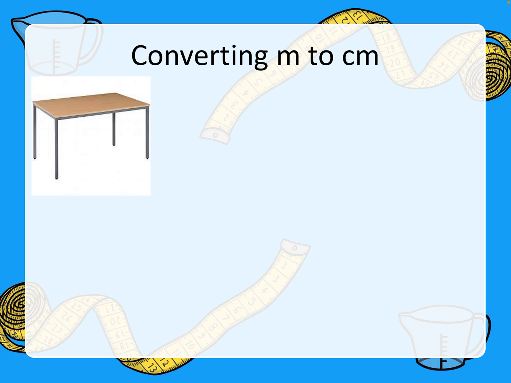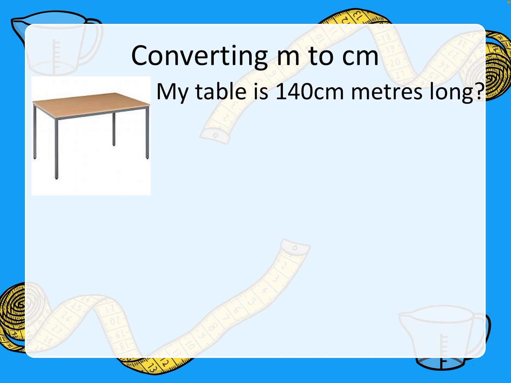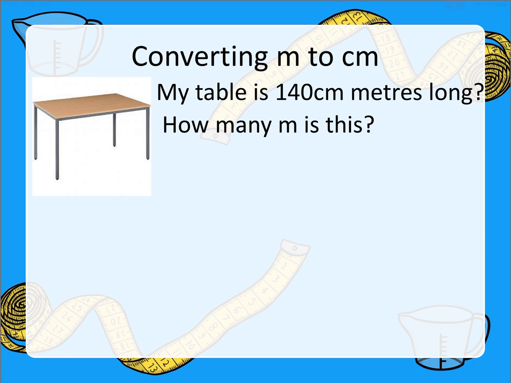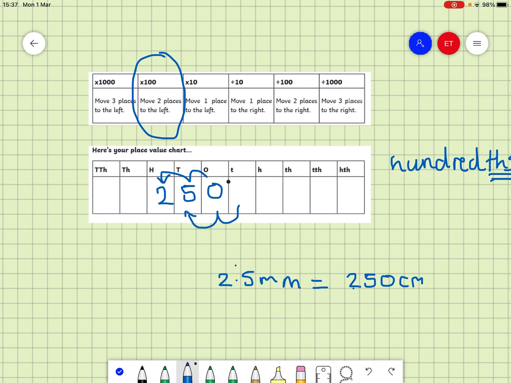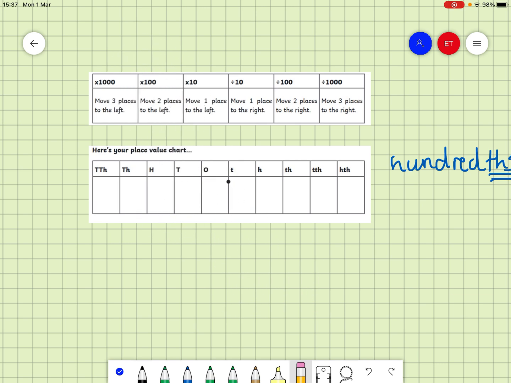If we're converting the other way around, from centimeters to meters, remember we divide by 100. So if my table is 140 centimeters long, how many meters is this? This time we are dividing by 100. So remember, we divide by 100, we move 2 places to the right.